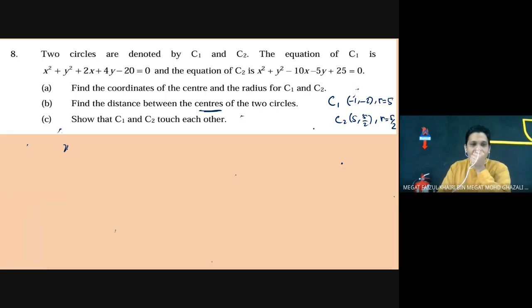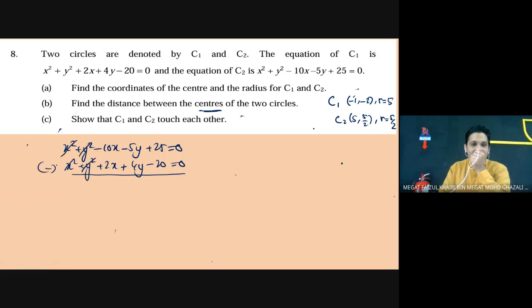Okay, so x squared plus y squared minus 10x minus 5y plus 25 equal to 0. x squared plus y squared plus 2x plus 4y minus 20 equal to 0. So x squared minus x squared, y squared minus y squared, negative 10 minus 2, negative 12x, negative 5 minus 4, negative 9y, negative times negative positive, so 25 plus 20, 45 equal to 0.